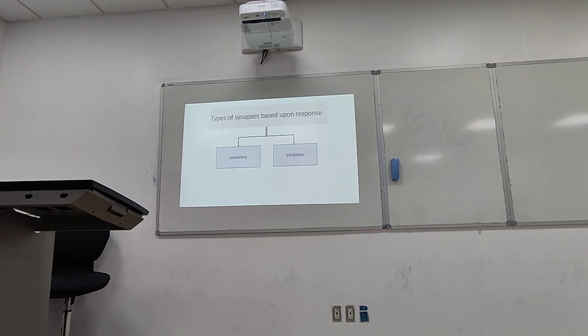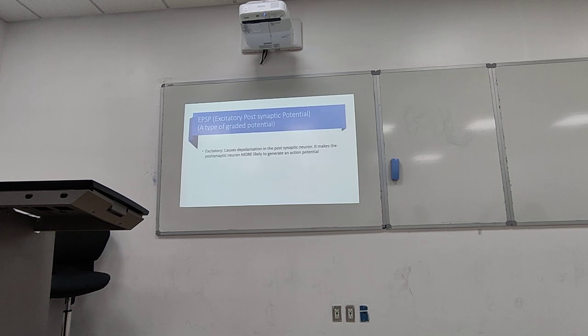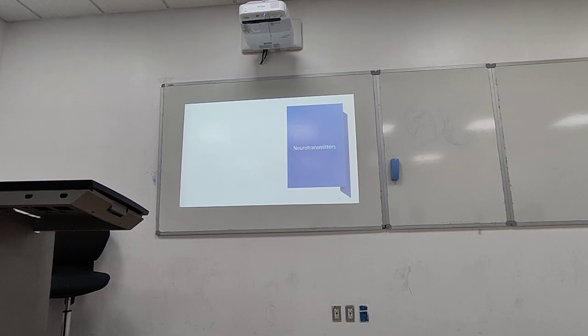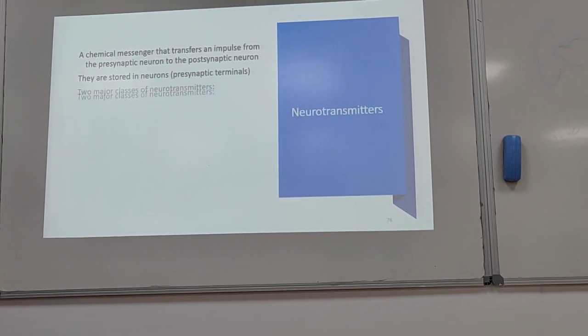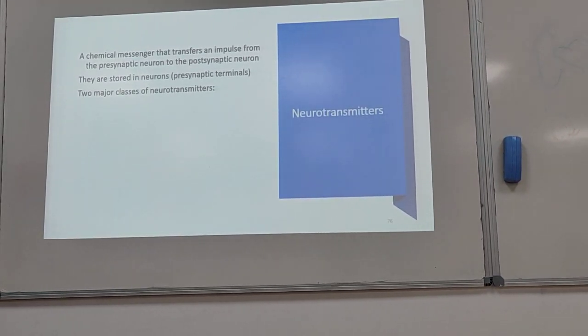Starting once again, we have got excitation and we have got inhibition. We can have excitatory postsynaptic potential and we can have inhibitory postsynaptic potential. Now, all depends upon the neurotransmitter, which is a chemical messenger. I have discussed it with you. It is made and released in the presynaptic neuron. There are 2 types of neurotransmitters.